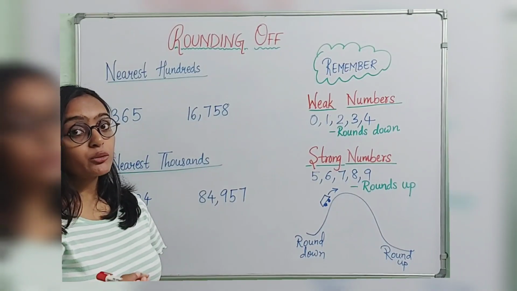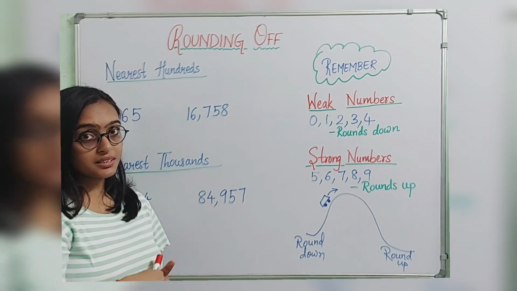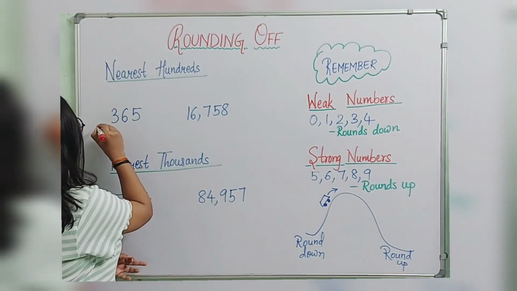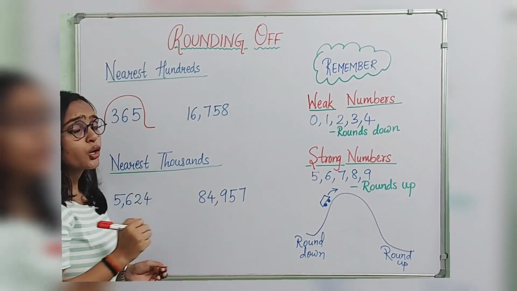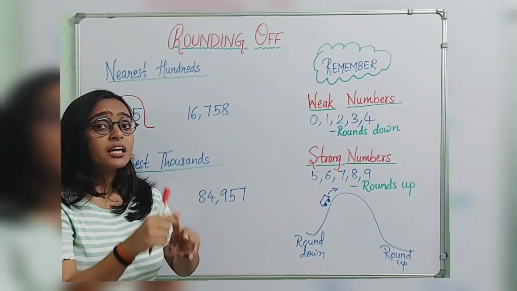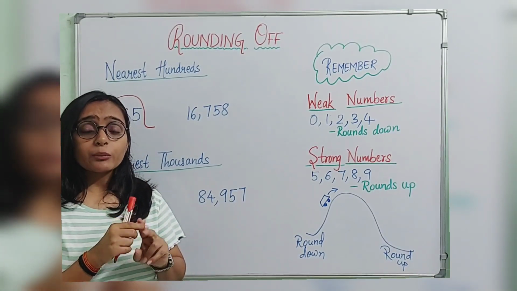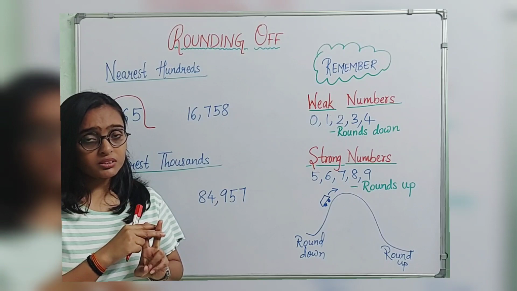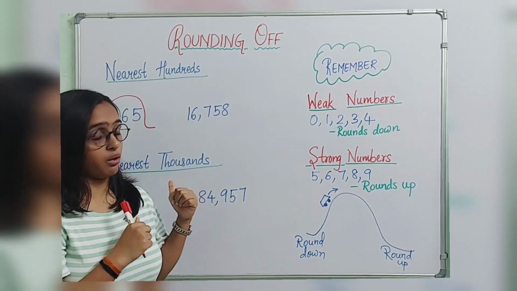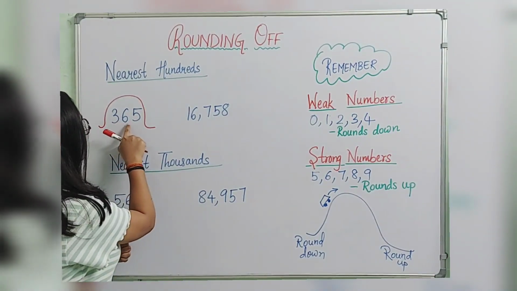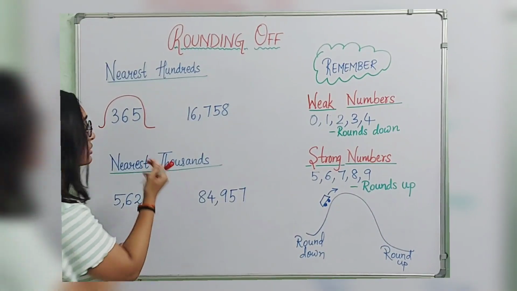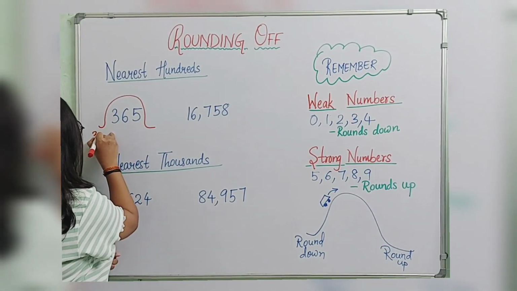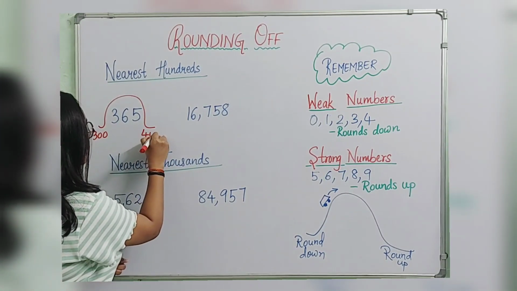Now we have to round the given numbers to the nearest hundreds. To round a number to the nearest hundreds, the first question I have to ask myself is between which two hundreds this given number belongs. The number is 365. This number is between 300 and 400.